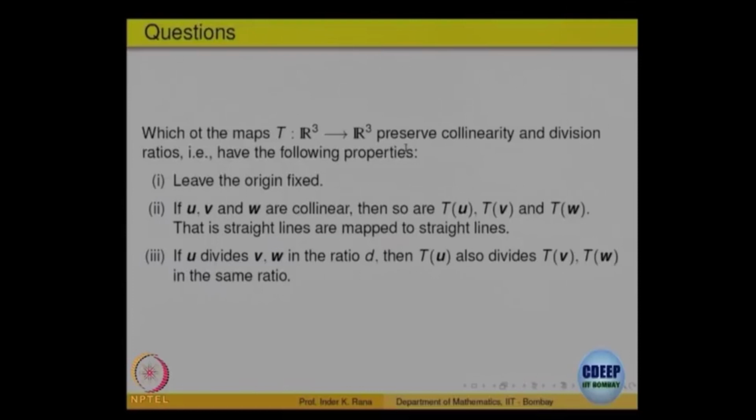If u, v and w are points on a straight line in a particular ratio, then the images also maintain the same ratio. So, the question mathematically is, what are the maps from R3 to R3 which have these three properties, which we observe in day to day life and which are useful.